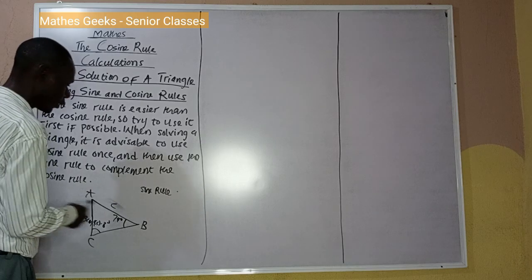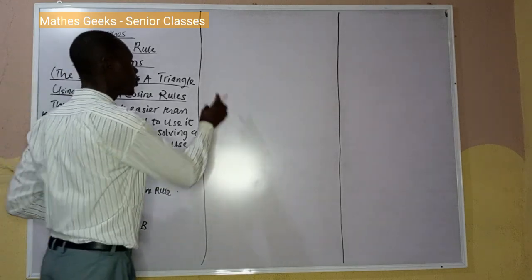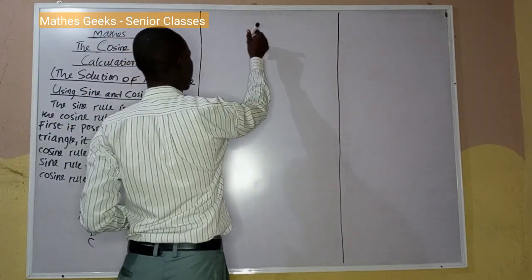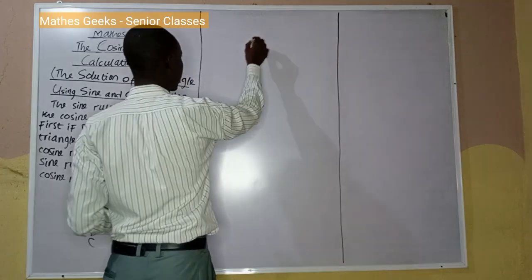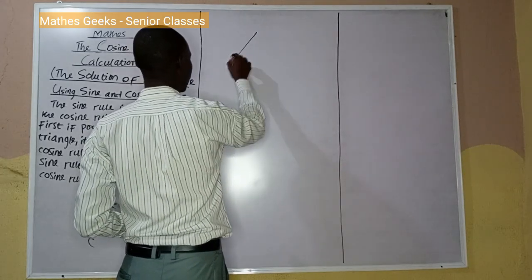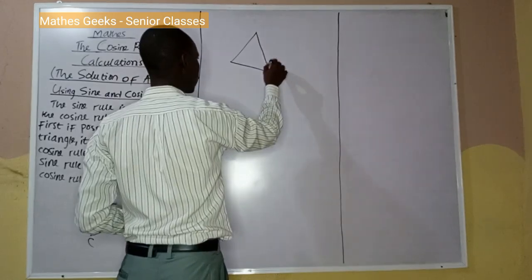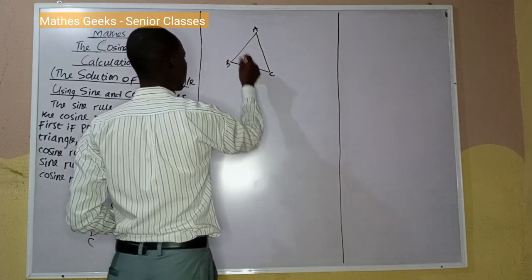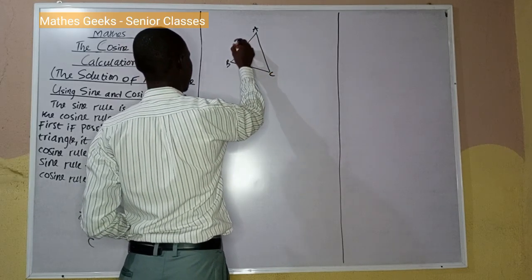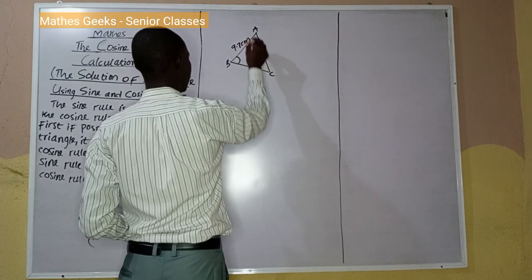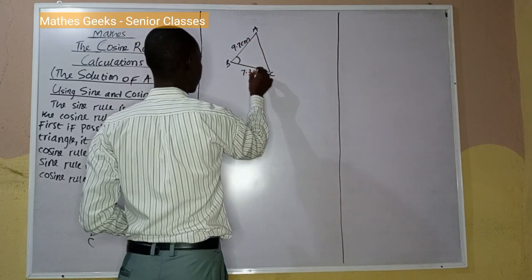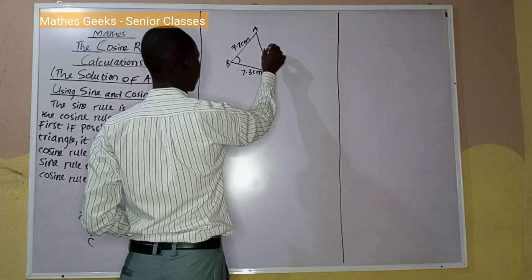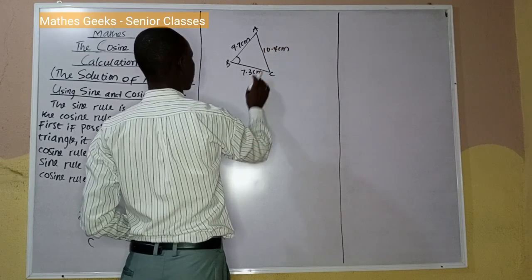But there are times that the triangle given to us does not meet this condition. So we can have something like this. We can have A, B, C, and we have here, let's say, 9.7 centimeters, 7.3 centimeters, and 10.4 centimeters.